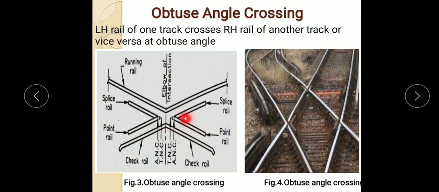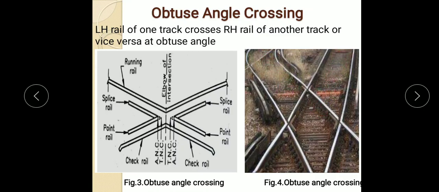This is a point rail and this is a splice rail. Similarly, this is a point rail and this is a splice rail, and these are the running rails. Here we can see this is a left hand rail and this is a right hand rail.